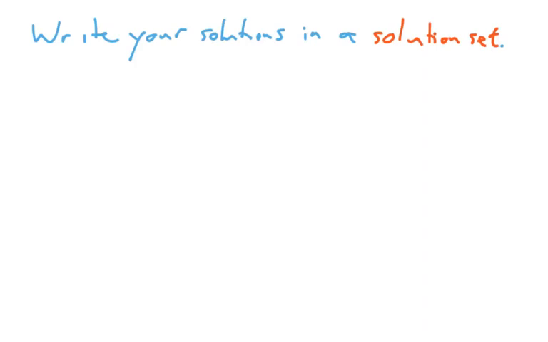A solution set just means put in one place all the numbers that worked, all the solutions that worked. We use set braces, these curly looking things, to represent a set. And for the example we just did, where we found out that there were 2 solutions, 2 numbers, which when substituted for the variable made a true statement, we'll put both of those in our solution set. They were 3 and negative 2, if you remember.